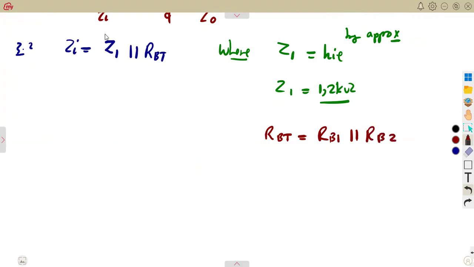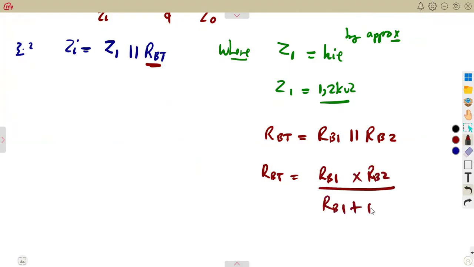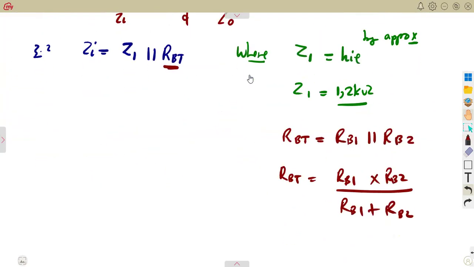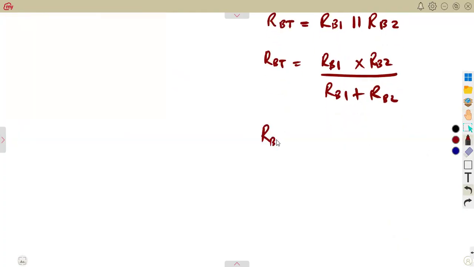So you can write it on the formula here, or on this RB. It's going to be RB1 parallel, or you calculate it and then calculate the parallel. It's up to you. That's simply the product over the sum: RB1 times RB2 over the sum of these two. As we saw, our value of RB1 is 15,947 kilo ohms, times 10 to the exponent of 3, times RB2 as it was 3,000, which is 3 kilo ohms.